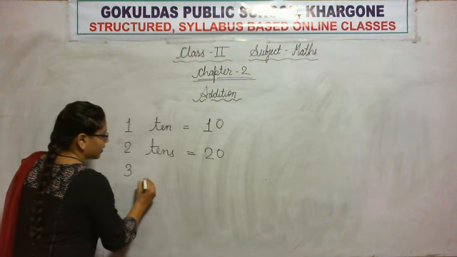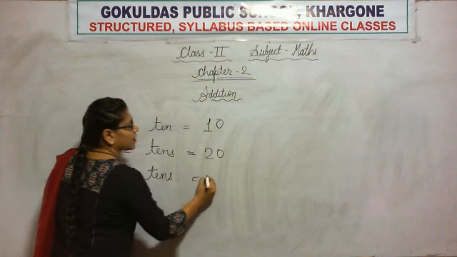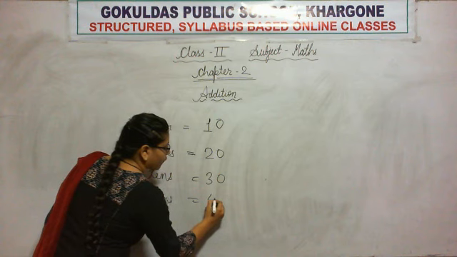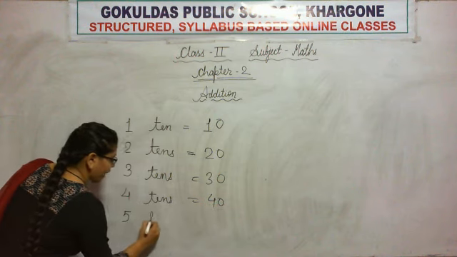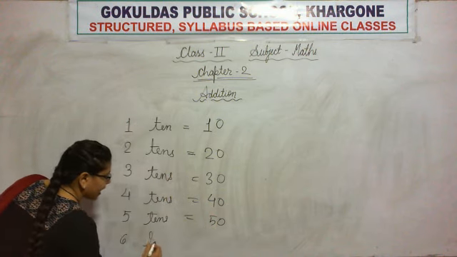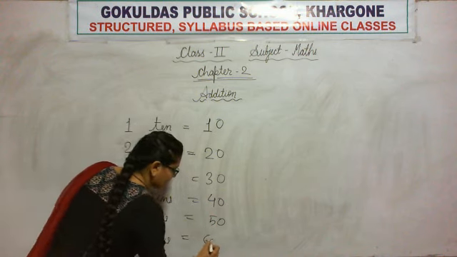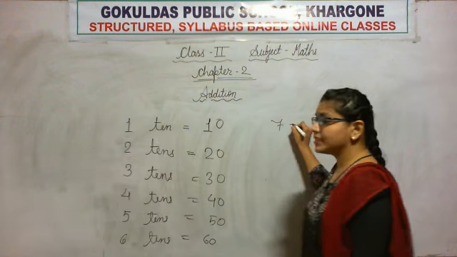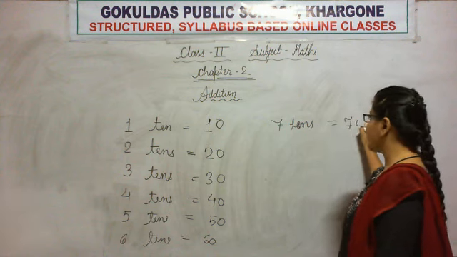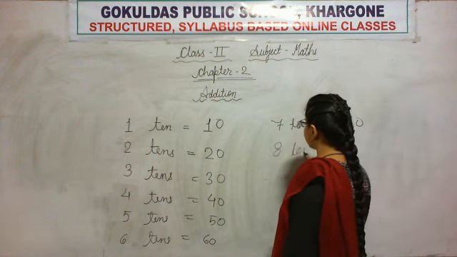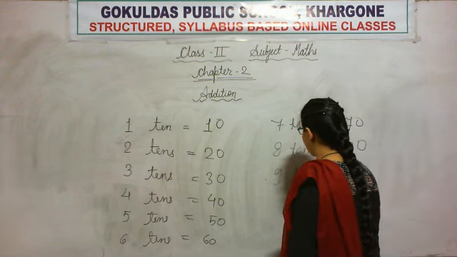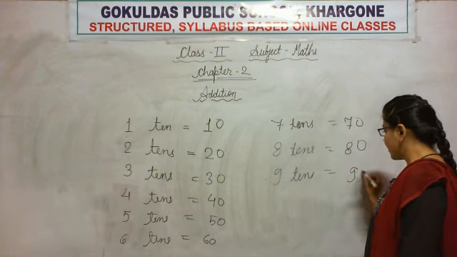Very good. 3 tens, 30. 4 tens, 40. 5 tens, 50. 6 tens, yes, 60. Now 7 tens is equal to, very good, 70. 8 tens means very good, 80. 9 tens means 90.